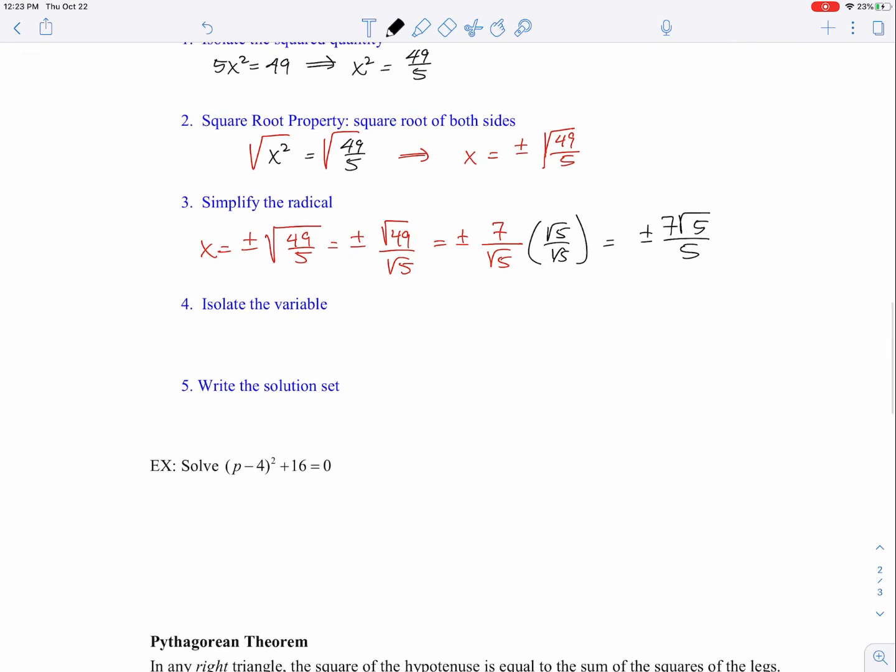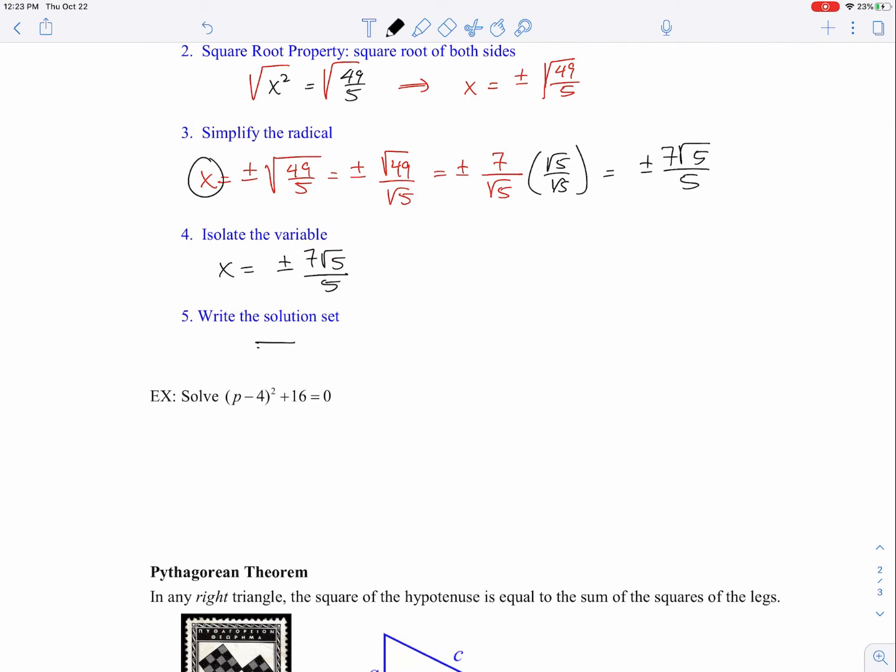Now in step 4 they say isolate the variable, but in truth the variable is already isolated. X is just plus or minus 7 root 5 over 5. And then it says write the solution set.